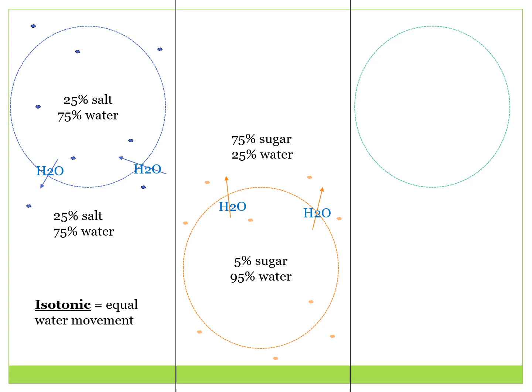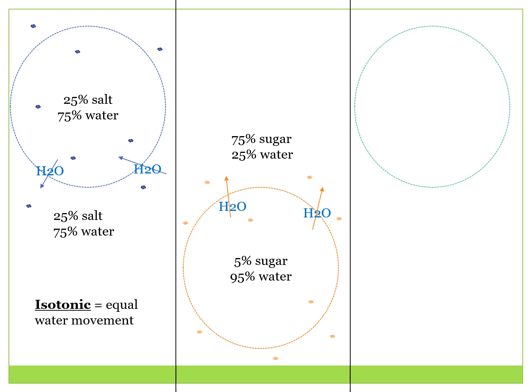Make sure you know that. Water is going to move where there is less water. So that 95 to 5% sugar water solution is going to be pushing the water out because water's moving in the direction of going from high concentration to low concentration.